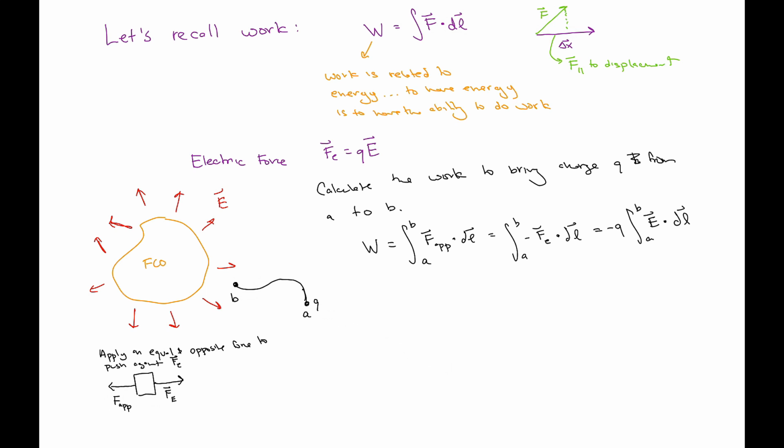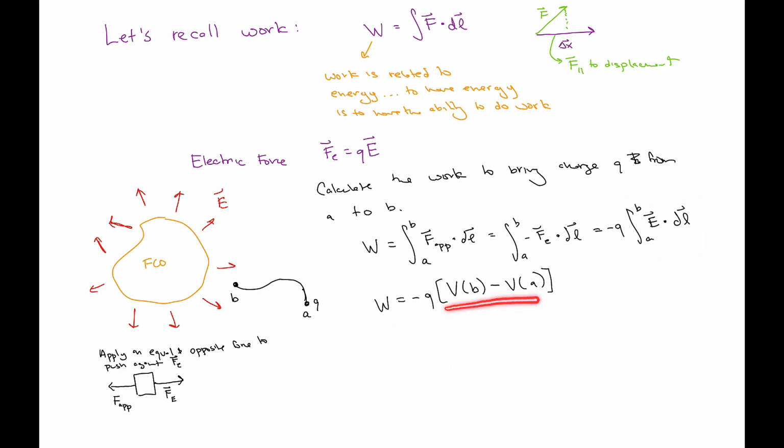This should look super familiar to you guys. We've done a lot on potential in the last week. This is how we defined our potential. In this case, it's going to be equal to the difference in potential at point B and point A. So now I've got that the work is equal to negative Q times the potential at B minus the potential at A. Now I have a direct relationship between work, which is the amount of energy I need to transfer into this object to move it from A to B, being related to the change in potential of this object.